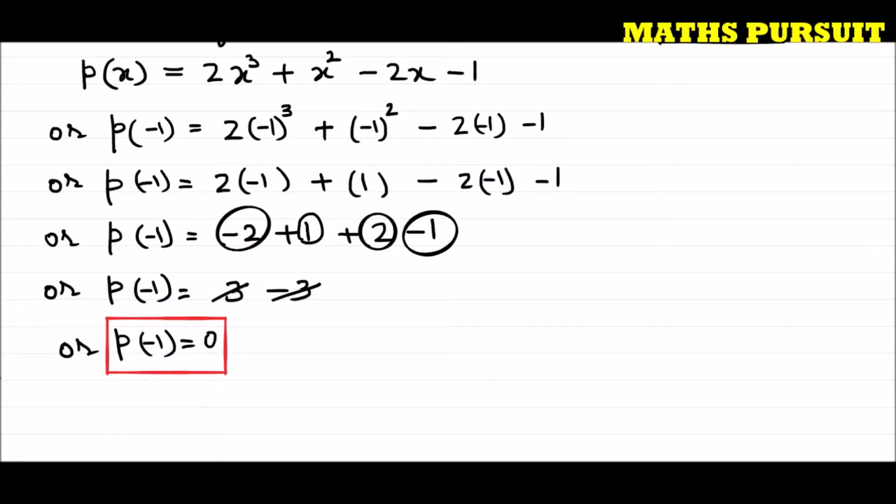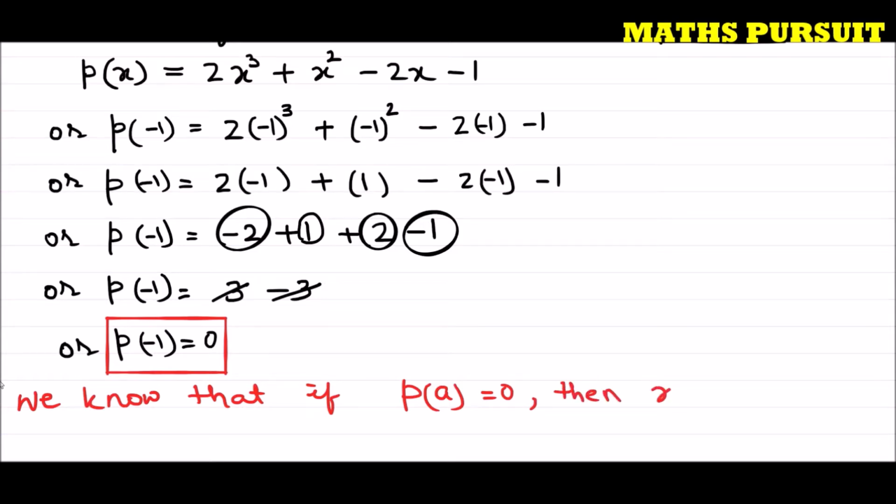So what we conclude here, we know that if p(a) is equal to 0, then x minus a is a factor of p(x). This is what the factor theorem states.